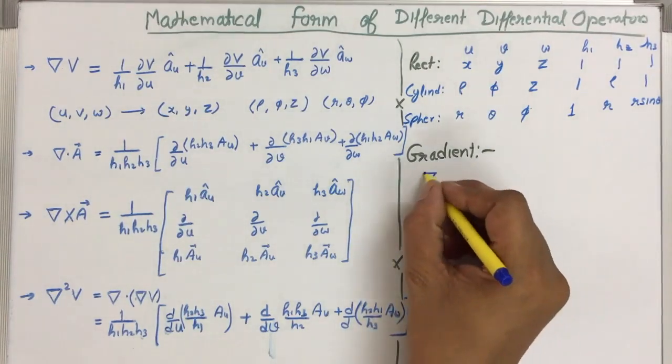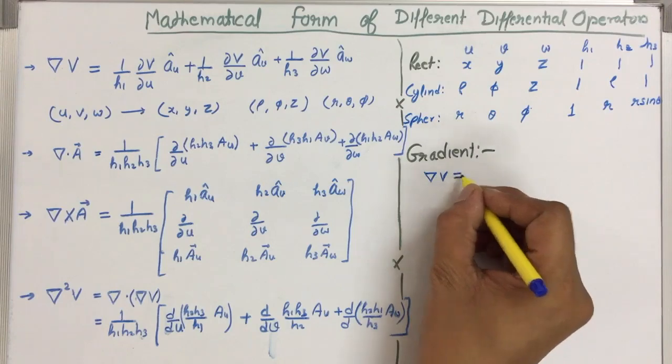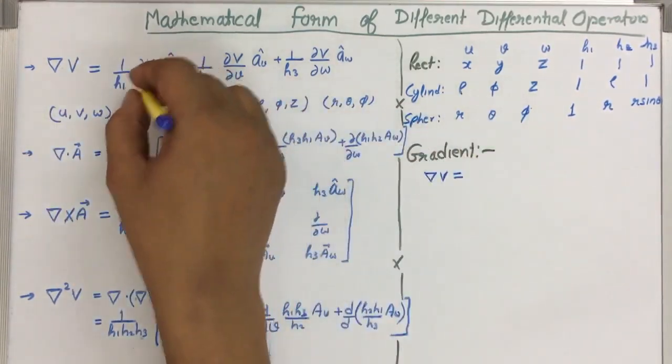So for that purpose, gradient of V was written as here.